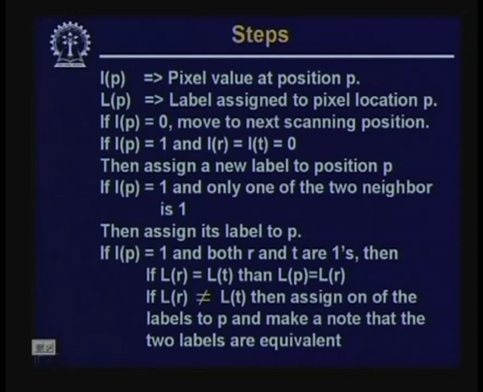If IP equals 1 and both R and T are 1s, then I have two situations. The label at R and the label at T may be the same, in which case you assign the same label to point P. But the problem comes if the label at R and the label at T are different. Both R and T are object points, but the labels are different.